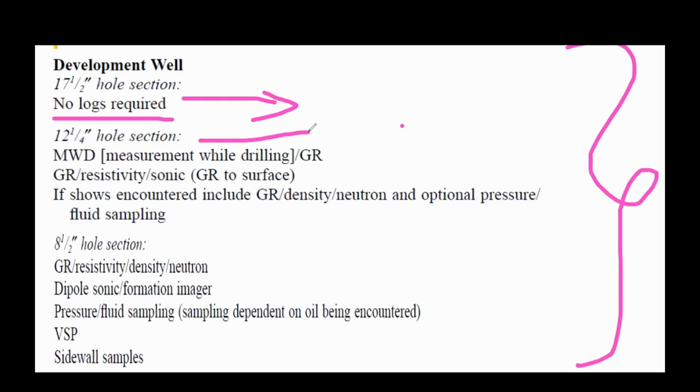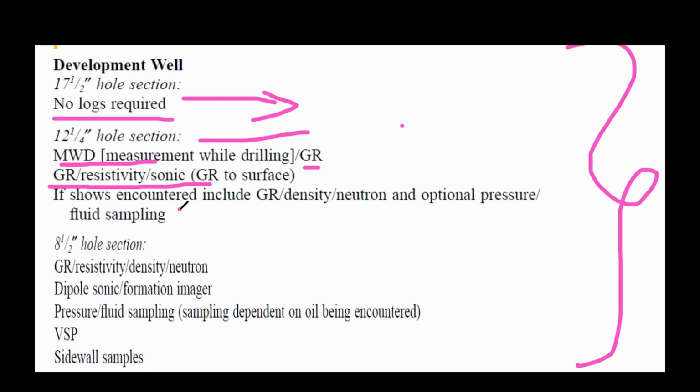Then, if it is 12.5 inch, either MWD gamma ray, a single log, is sufficient, because they are going for MWD, measuring while drilling. Measuring while drilling gives all the details of your wellbore, a continuous record in real time. Gamma, resistivity, sonic.